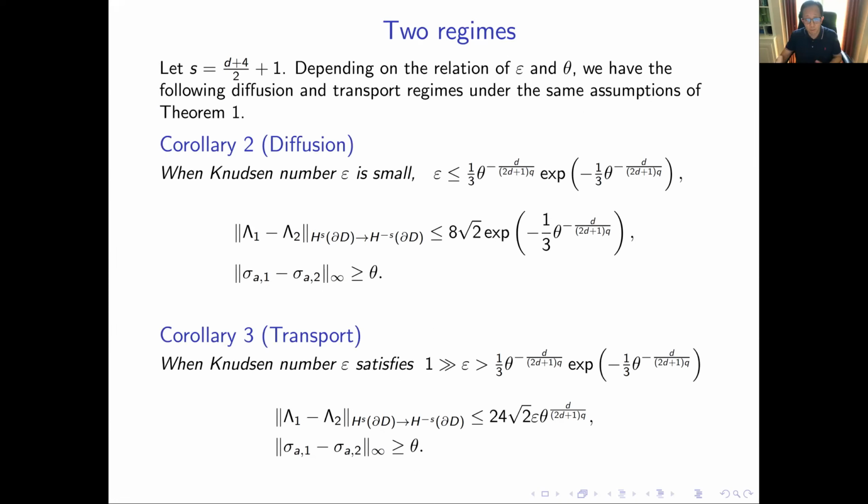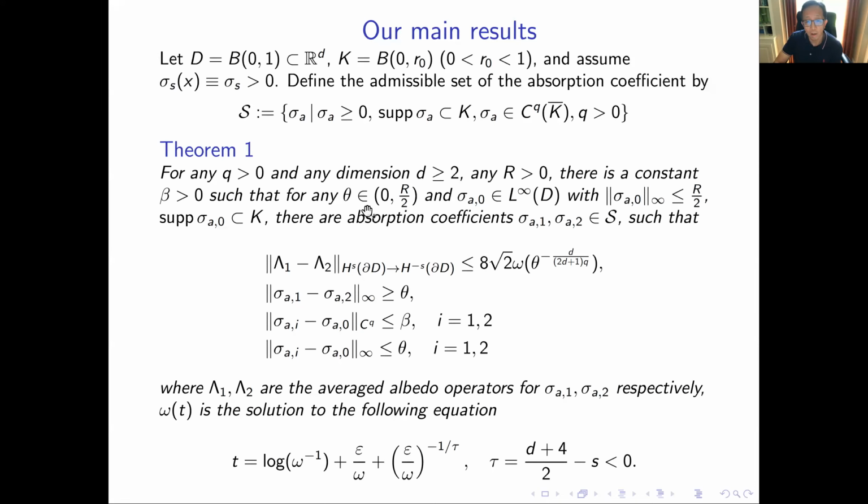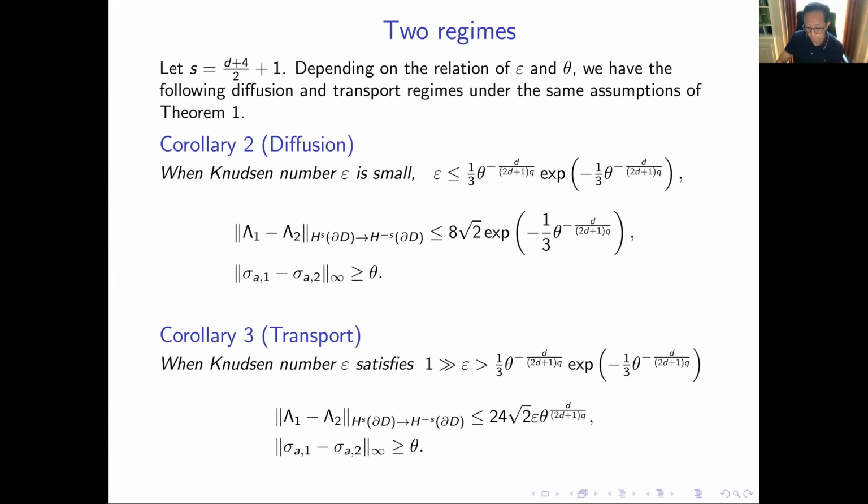You'll find, and this is interesting, I think, that the result is not about how small epsilon is. It's how small epsilon is with respect to the perturbation. So theta is my perturbation.